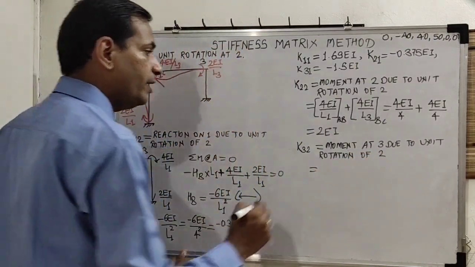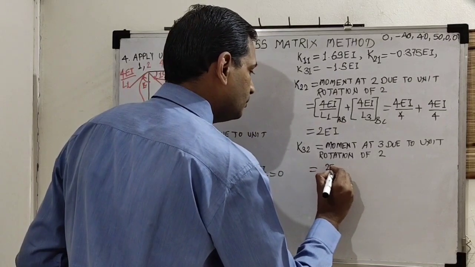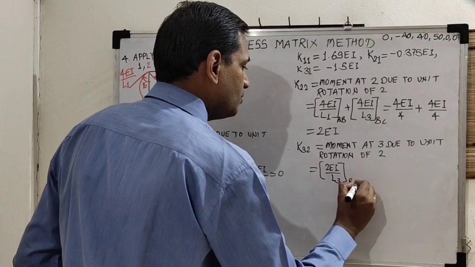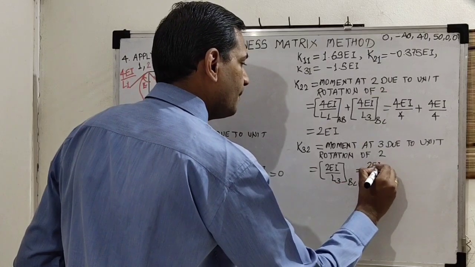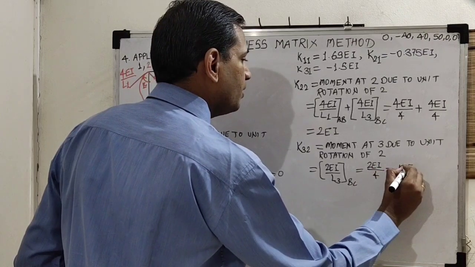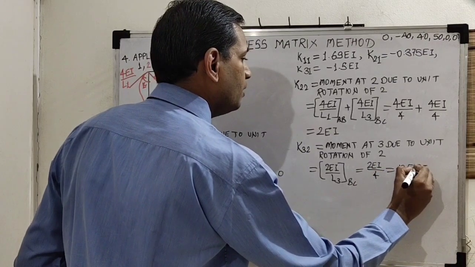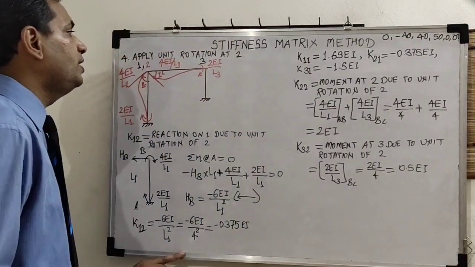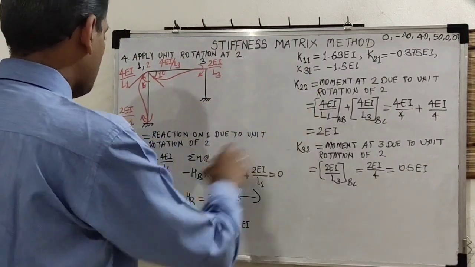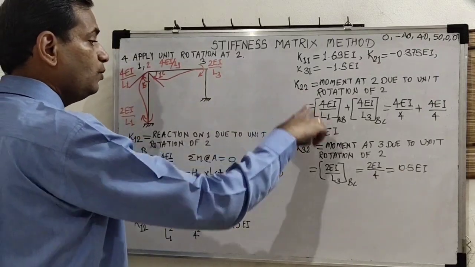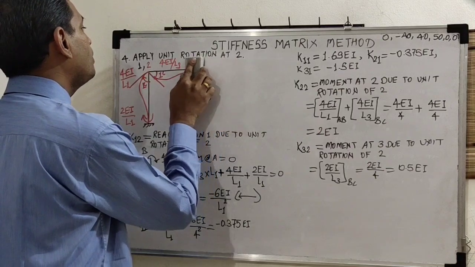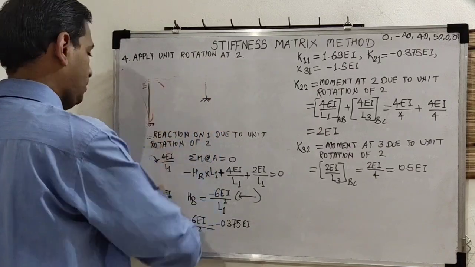So it is 2EI by L3. L3 means span BC. So substitute 2EI by 4. So it is 0.5 EI. Okay. 0.5 EI. So three more elements we have got. K12, K22, K32. Now we will apply unit rotation at 3. Okay.